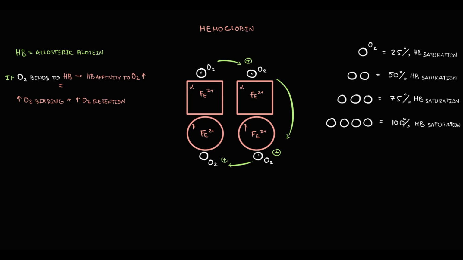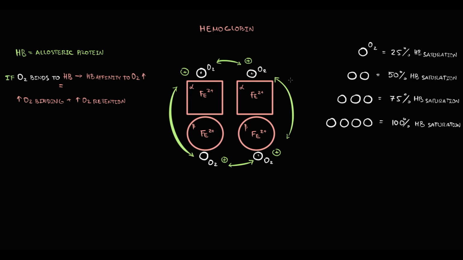This change makes it easier for the remaining subunits to bind additional oxygen molecules. In other words, hemoglobin affinity to other oxygen molecules increases, and because the binding of an oxygen molecule enhances further oxygen binding, we call this phenomenon positive cooperativity.